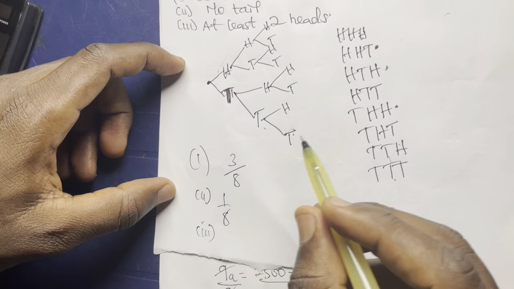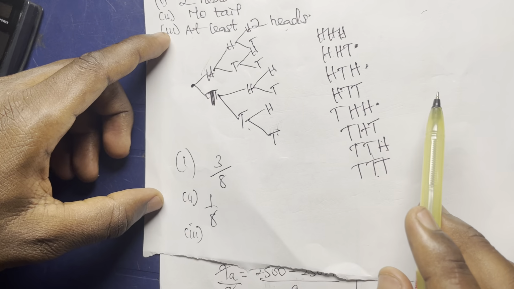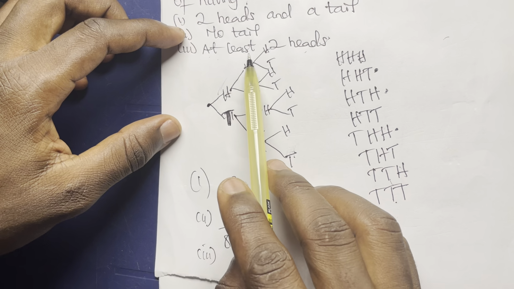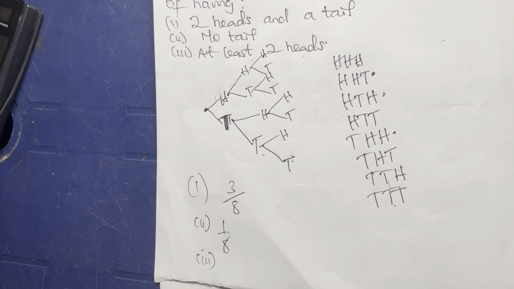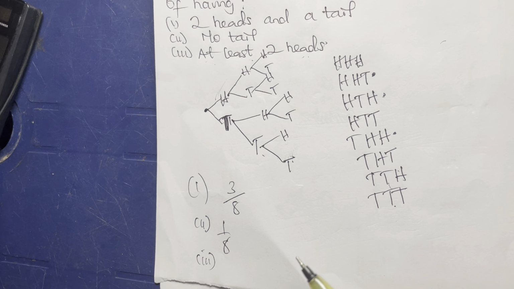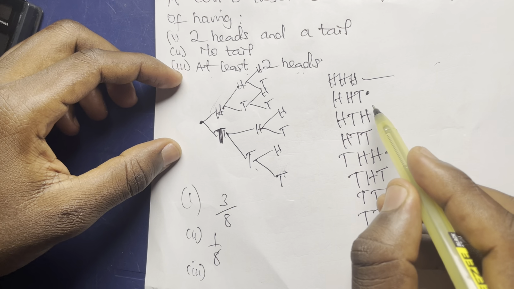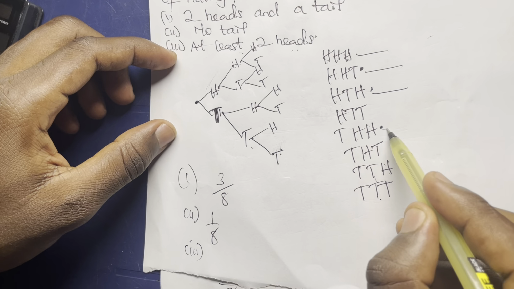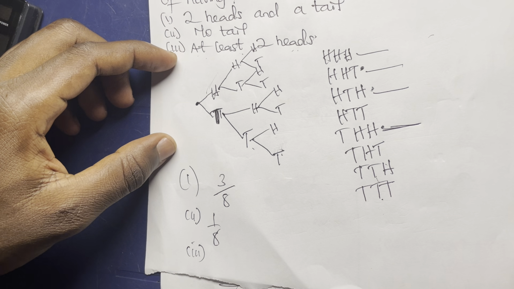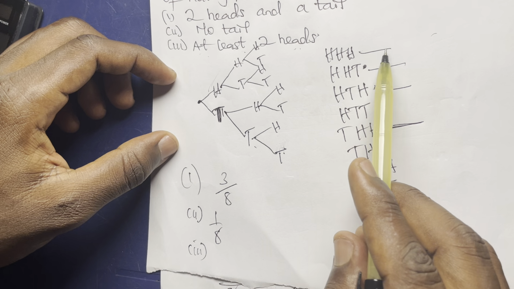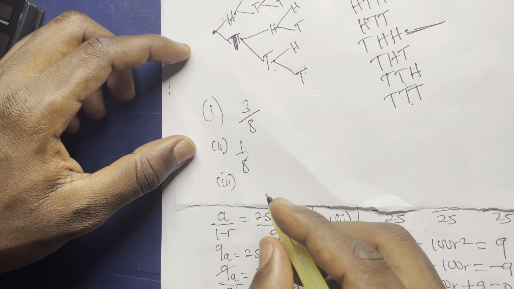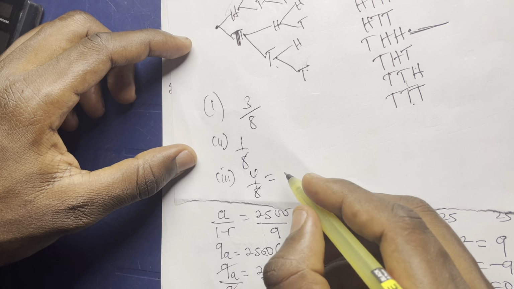For the third one, at least 2 heads means you can have 3 heads or 2 heads. So we have 1, 2, 3, 4, and that is 4 over 8. If we simplify the fraction, that is 1 over 2.